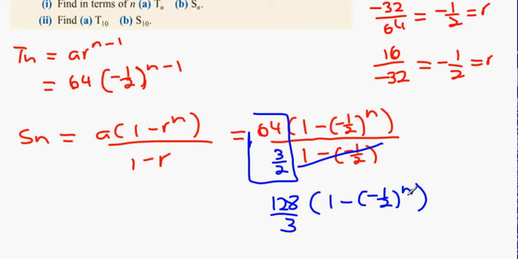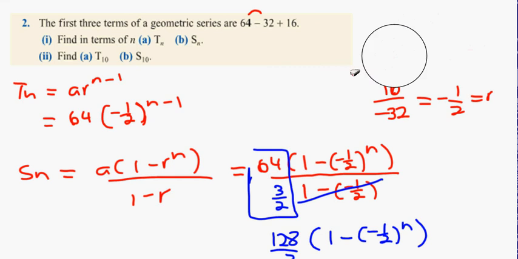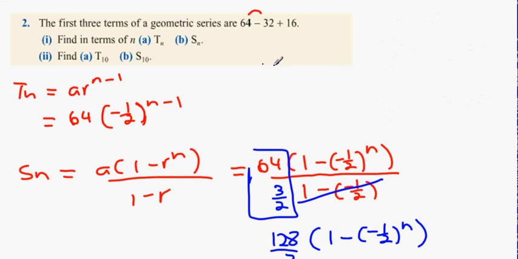Now, next part, find T10. Well, for T10 we replace n with 10. So we're going to get T10 equals 64 times minus a half to the power of 10 minus 1, which is the power of 9.